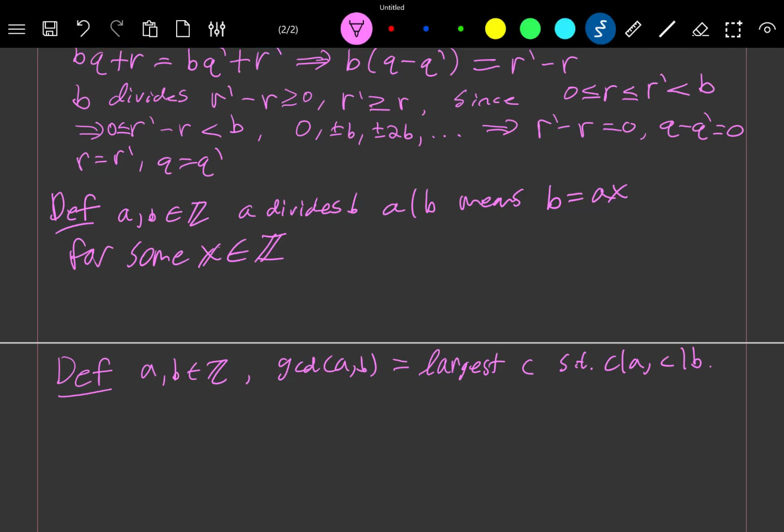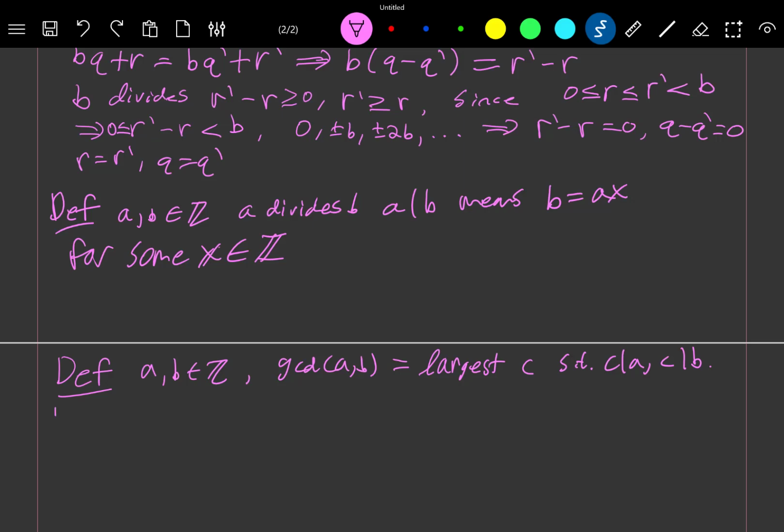So let's figure out what do I mean when I say largest c. How do I know that there is a largest?